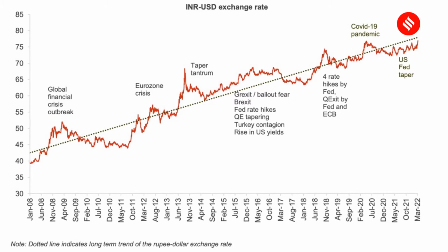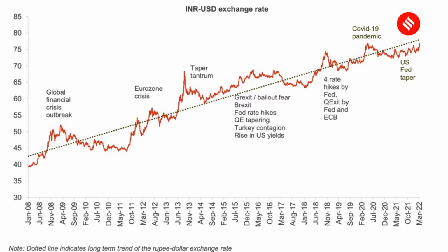That is when the US Federal Reserve said they were most likely going to stop infusing liquidity into the market. The rupee on average depreciated by about 8.5% in 2008 when that first shock hit. In 2013, the depreciation was about 11.3% or so.